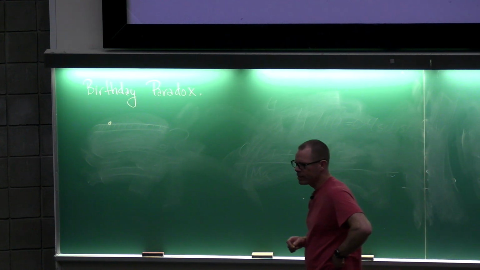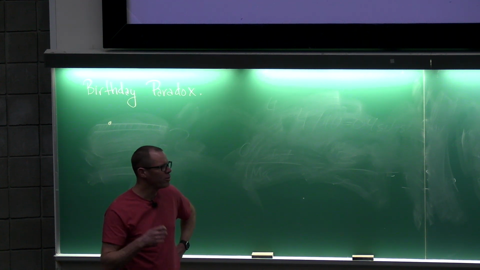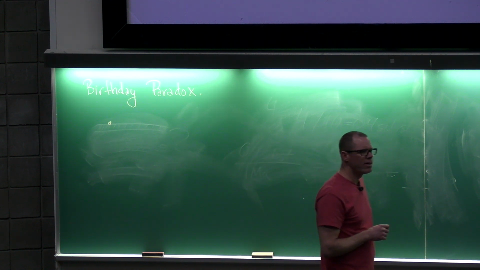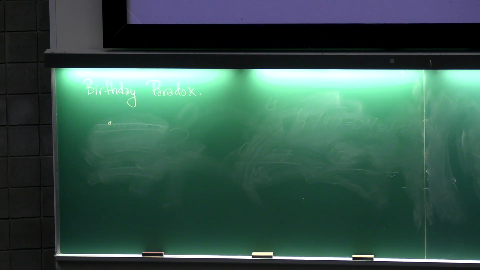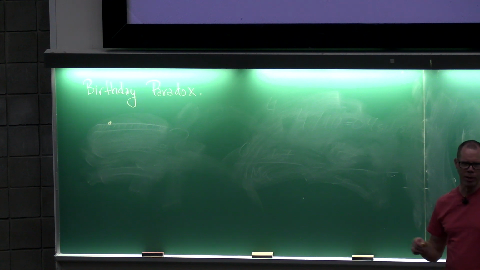The important thing for me is that it's less than 365 people. So there's about 120 people in this class, and there are 365 days in a year. Do you think that there are 2 people in this class who have the same birthday? Where birthday means the day of the year, forgetting the actual year that they were born.